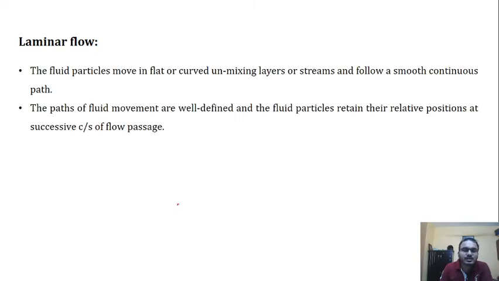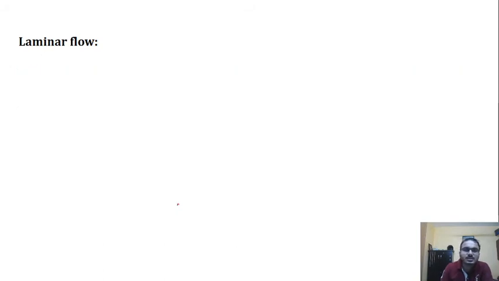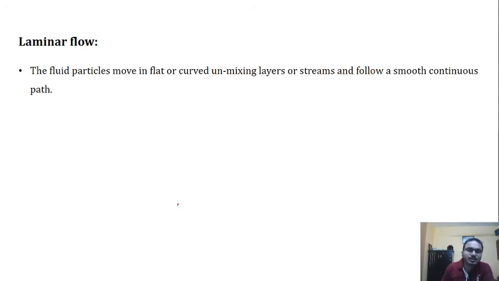Now there are two types of flow that we have already discussed in our introduction part. First is laminar flow and second is turbulent flow. So first we will see the laminar flow. Here the fluid particles move in flat or curved unmixing layers.